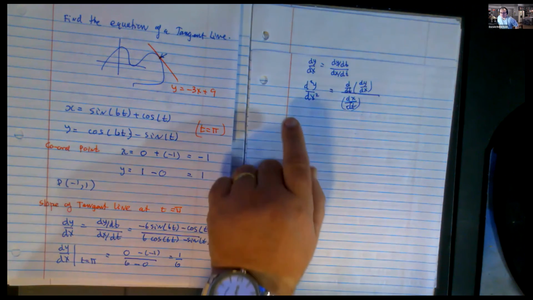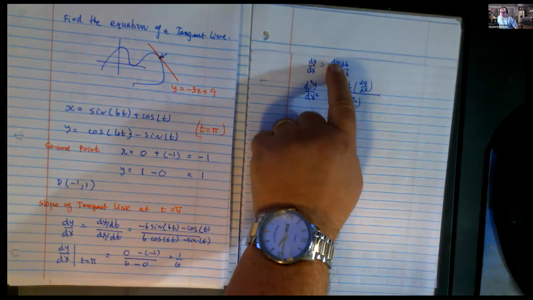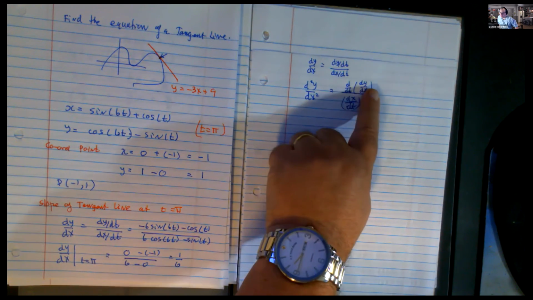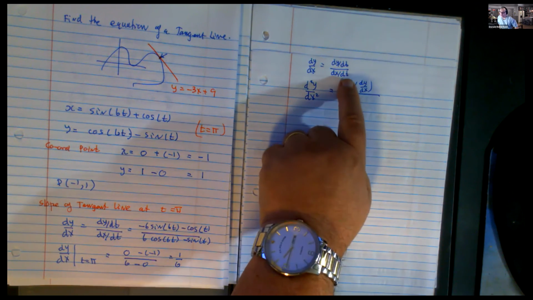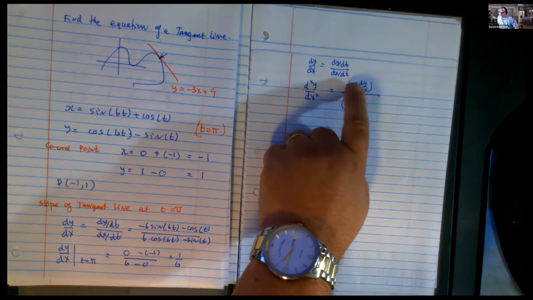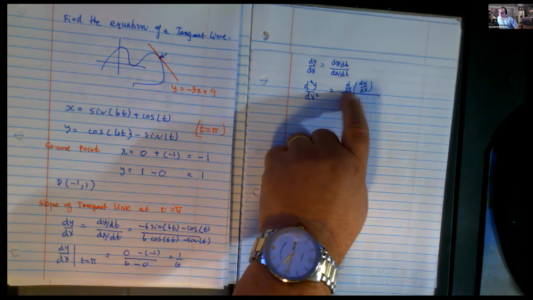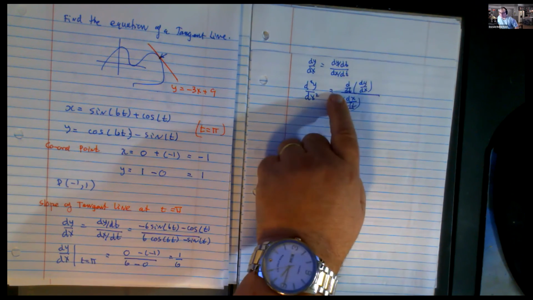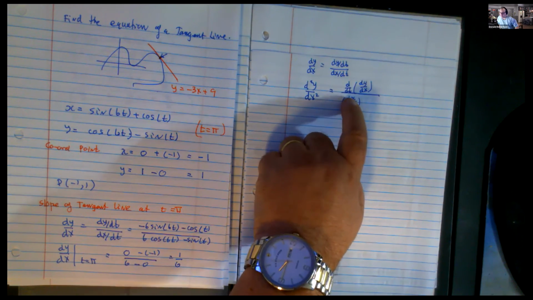To find the second derivative, you differentiate this first derivative with respect to t. That's what that means, right? Differentiate this with respect to t. It doesn't mean multiply. It's just d by dt of this. So you differentiate this with respect to t, divided by the derivative dx by dt.